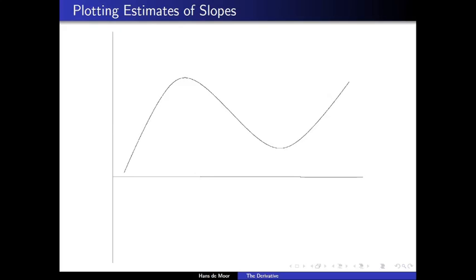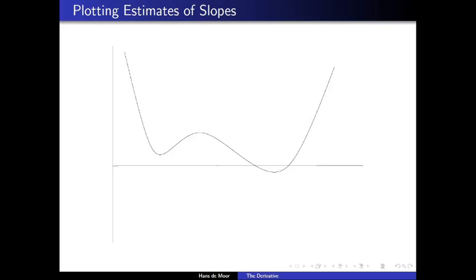So if I go back and look at this one now, first what I do is I look at the points where I'm not changing anymore. And that would be right here. That would be here. And that would be here.